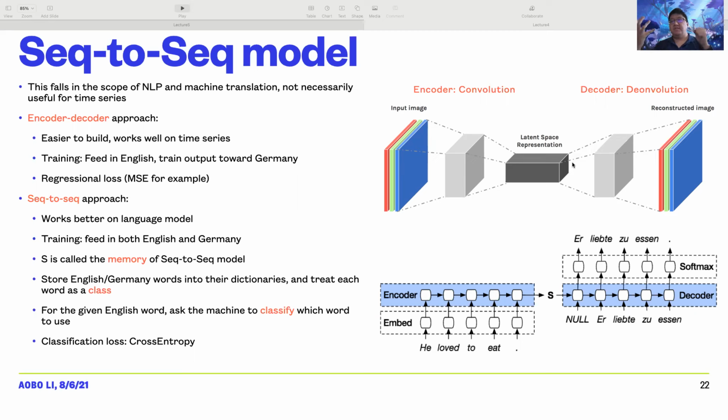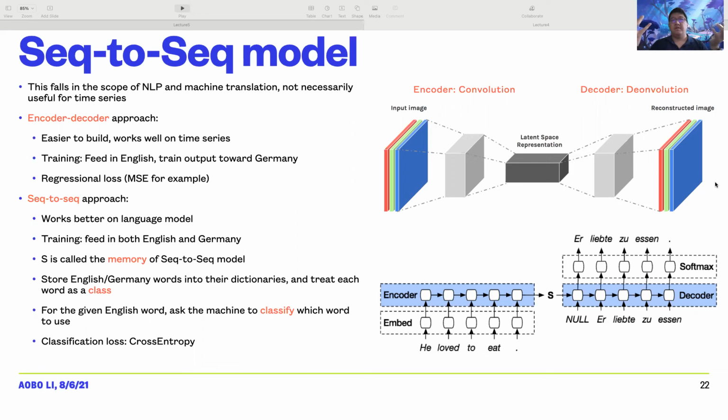Then you use a series of deconvolution layers to convert this latent space representation back to the original image. When training, you are training to minimize the MSE distance, the mean square error, between your input image and your reconstructed image. So this encoder-decoder approach is easier to build and it works well on time series.